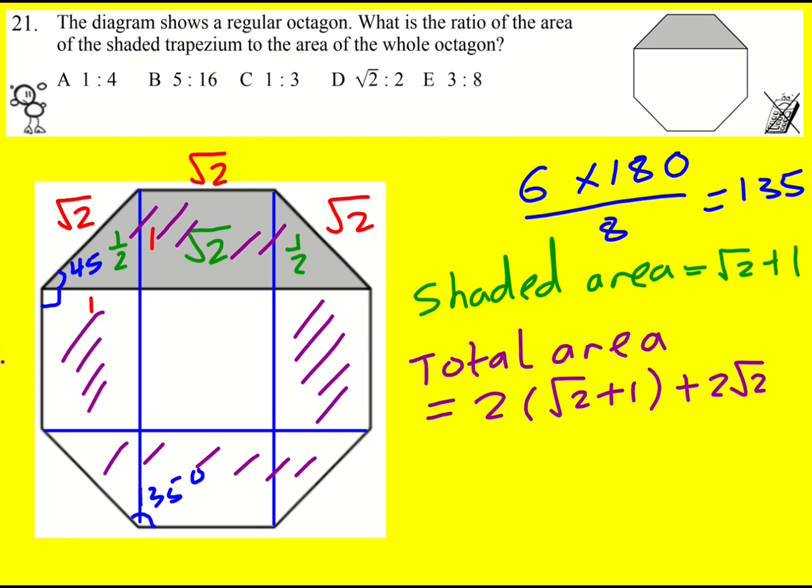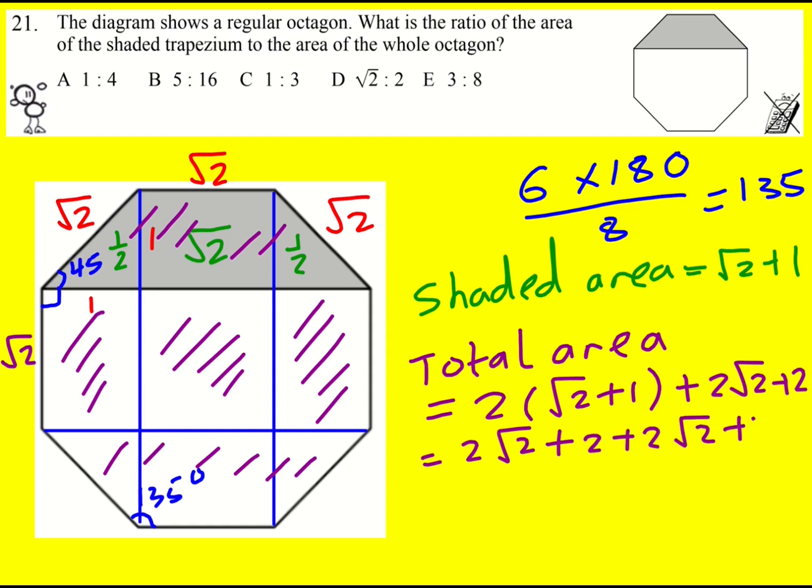And then finally, don't forget this is root 2 and this is root 2. So this area here is actually going to be 2. So 2 root 2 plus 2 plus 2 root 2 plus 2, actually get 4 root 2 plus 4, or 4 bracket root 2 plus 1.